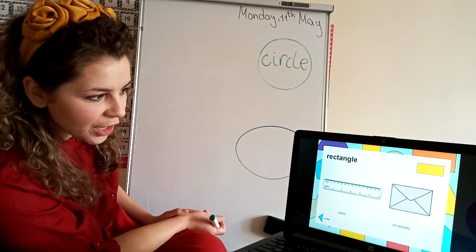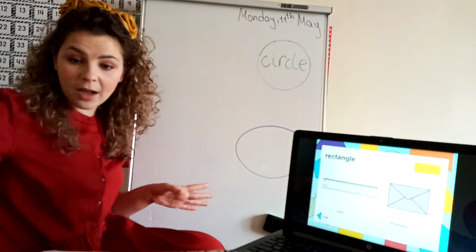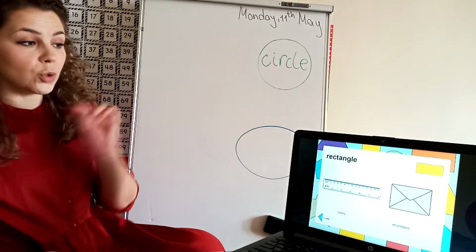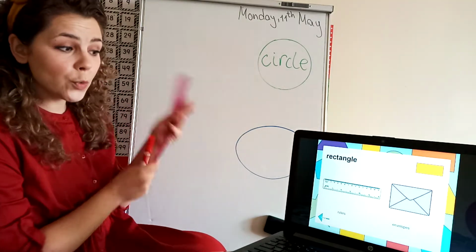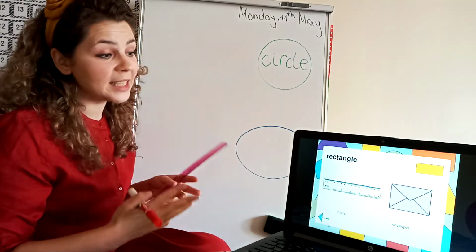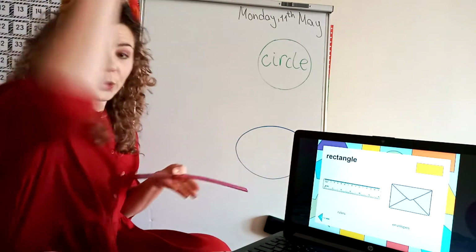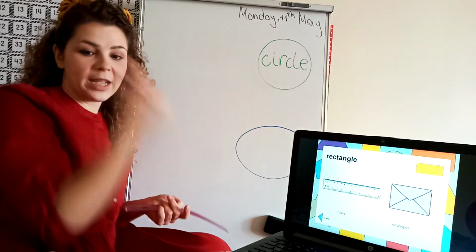Oh, what do we have here? It says rectangle. I don't have a rectangle on the board, so I'm going to use my ruler, which is here given as an example of something shaped as a rectangle, and the other example is an envelope. An envelope is where you put your letter when you write it.